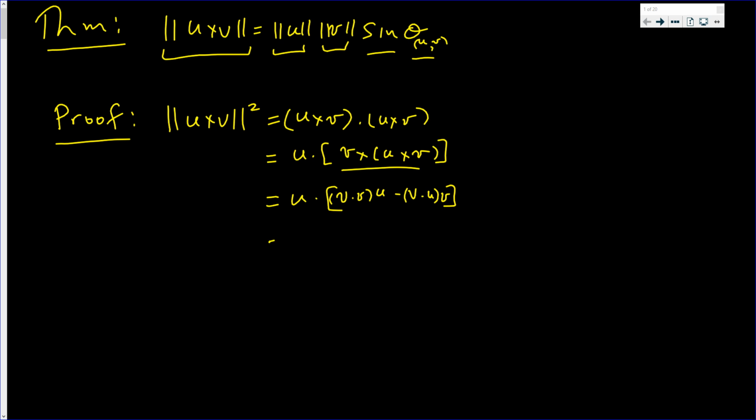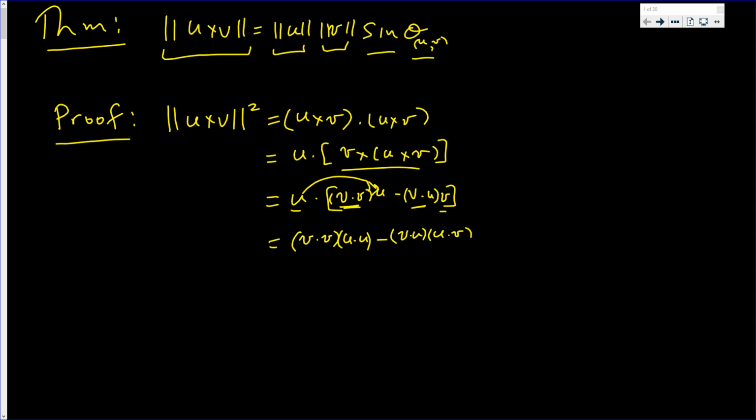This equals, now this is a scalar, so it's u dot u. So it's the scalar times u dot u. Minus, this is the scalar v dot u, so you do u dot v. U dot v.